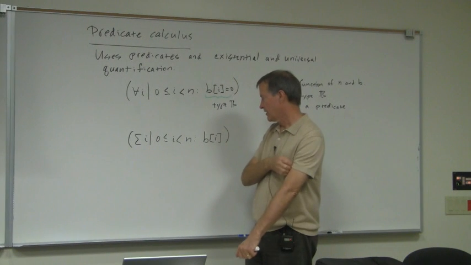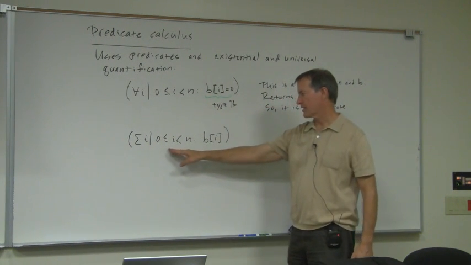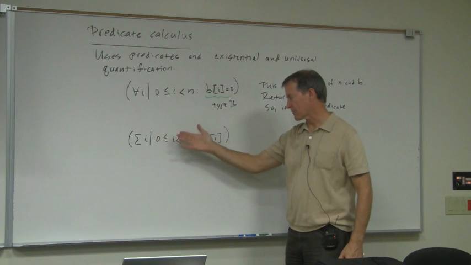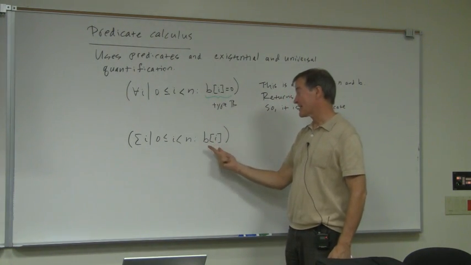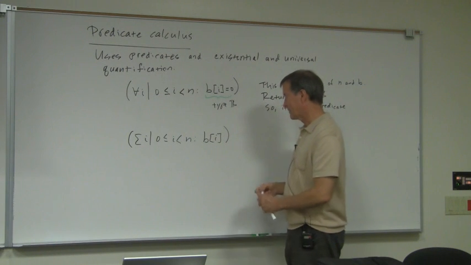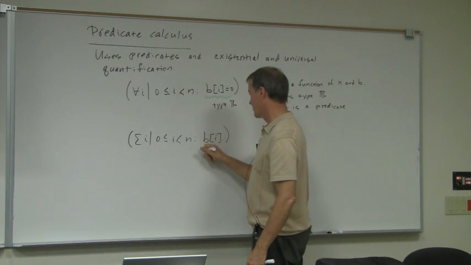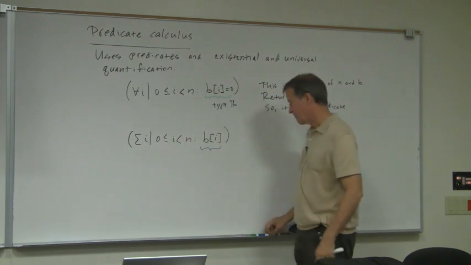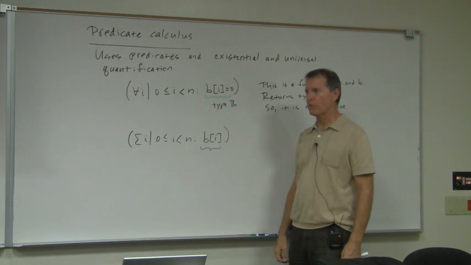Plus, addition. The possible values of I are 0, 1, 2, 3, 4, just like before. But now what is the type of b sub I? Whatever the type of the array is. Let's suppose it's an array of reals.